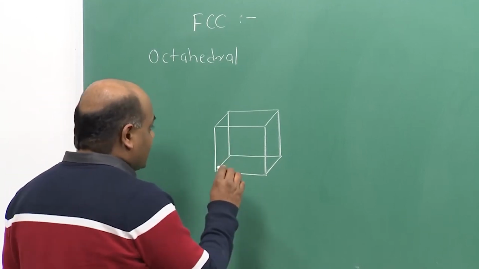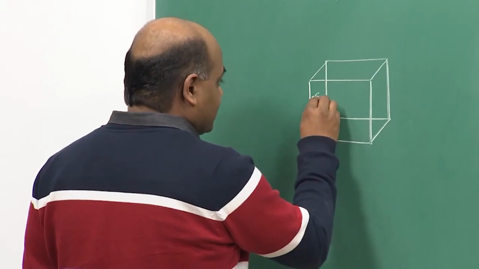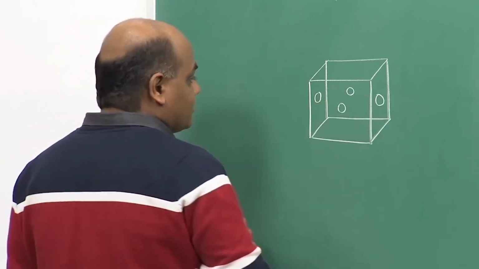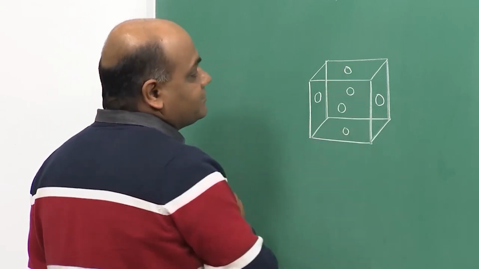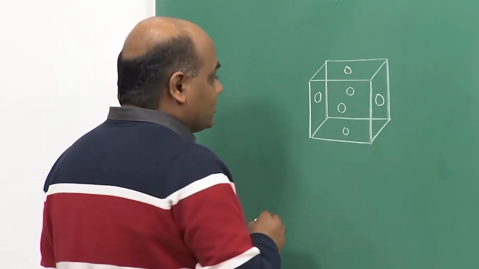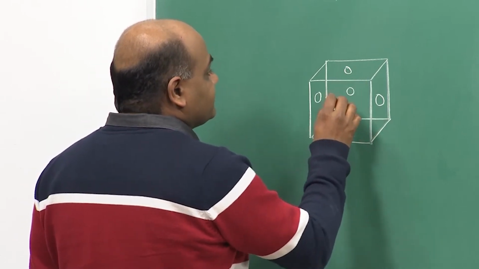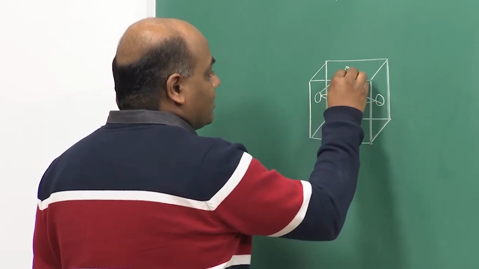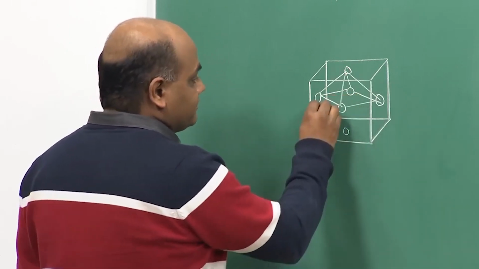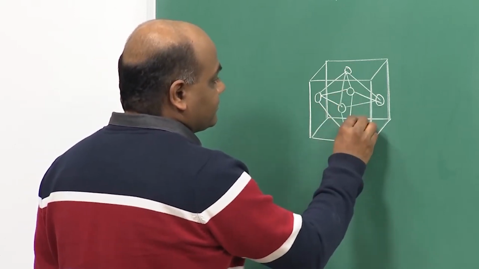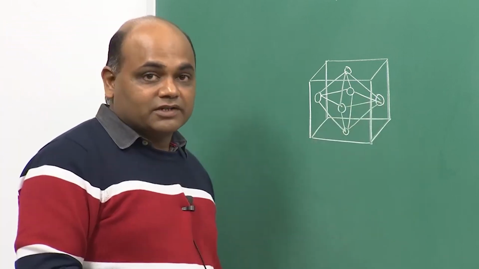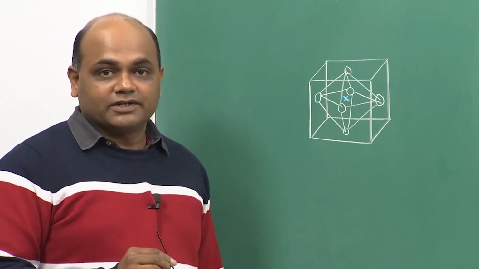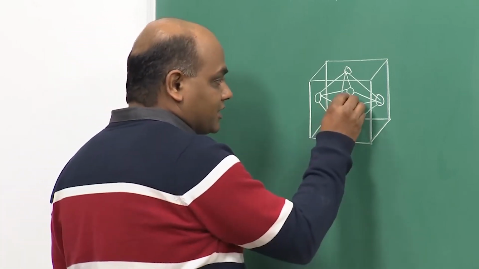So, if we can draw an octahedron in FCC lattice, consider the 4 face centered atoms of the vertical faces and the 2 face centered atoms of the horizontal faces, and if you join these atoms, they will form an octahedron. And the center of the octahedron lies at the center of the unit cell, the body center of the unit cell. So, this is one octahedral site.